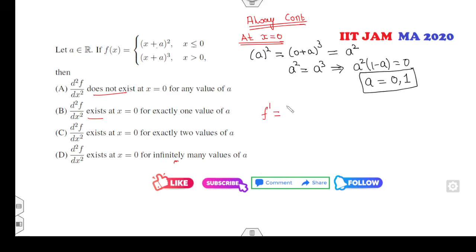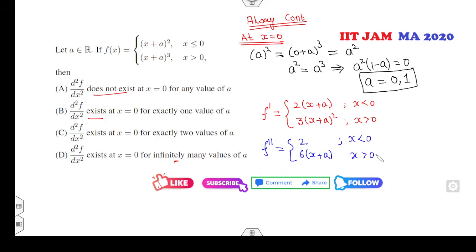Now can you find the first derivative? It is 2x plus a, and 3x plus a squared, whenever x is less than 0 and x is greater than 0. But we need the second derivative. Find the second derivative. It is 2, and 6 of x plus a, whenever x is less than 0 and x is greater than 0. Now you can see whether the limit exists at 0.